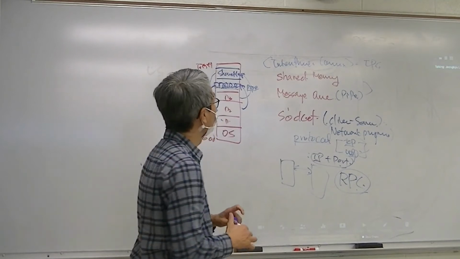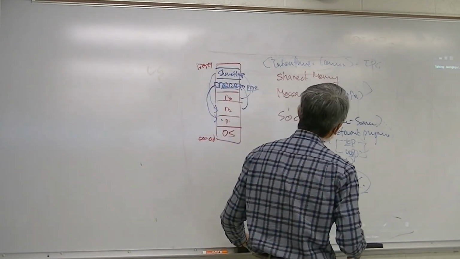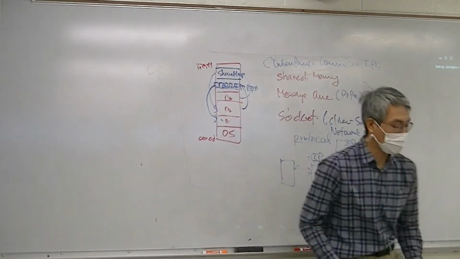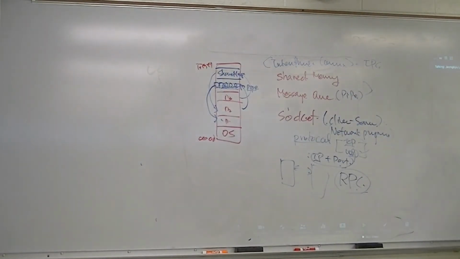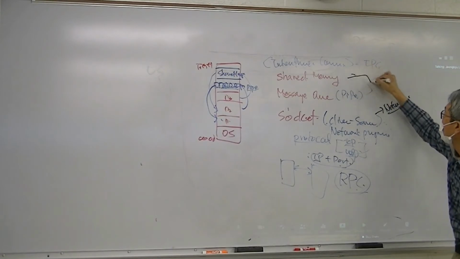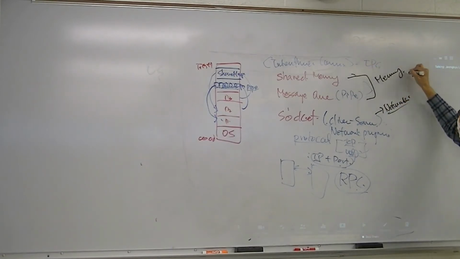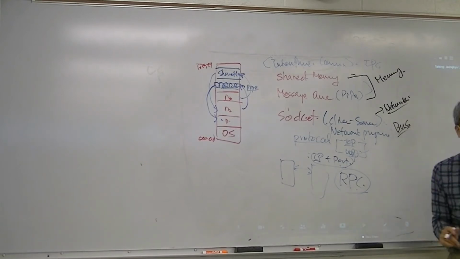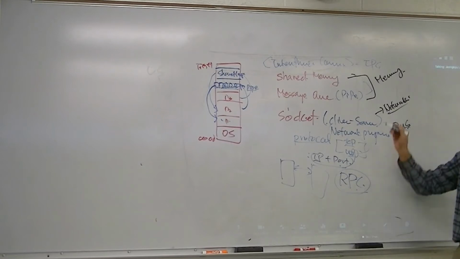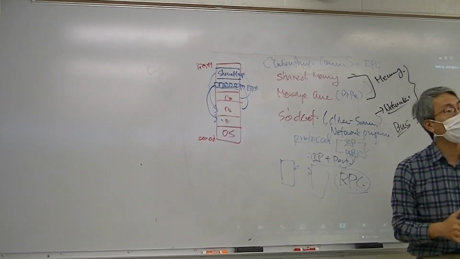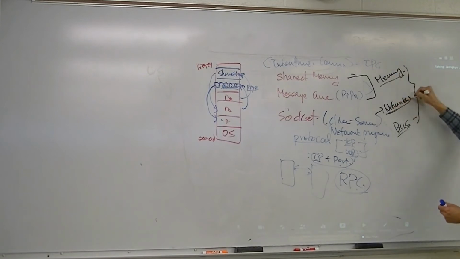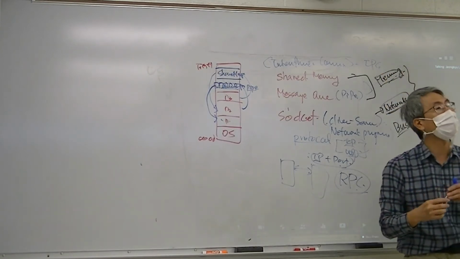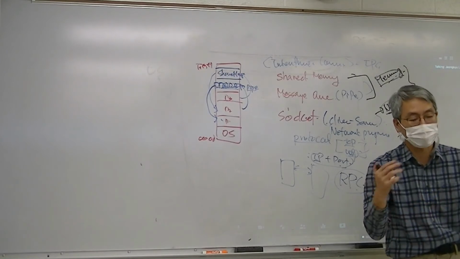So this is the operating system method. But in terms of hardware, you can use a network, and also memory, and also some bus for the communication. These are the hardware methods for the communication. But shared memory and message passing are the most popular for inter-process communication.